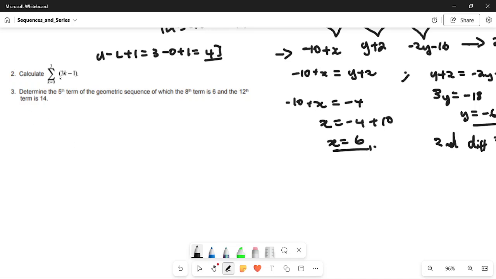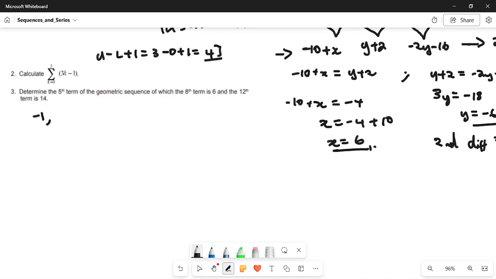What we normally do with sigma notations like this is first find at least the first 3 terms, so that we can find our value of a and get a sense of this number pattern, whether it is linear or geometric. But by inspection, you should see that this is a linear pattern. So I'll substitute k equals 0 here. I will have 3 into 0, that is just 0, minus 1, the first term.